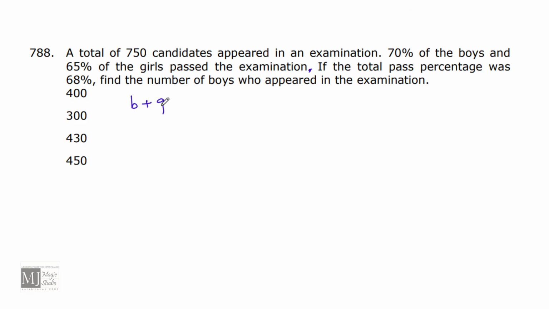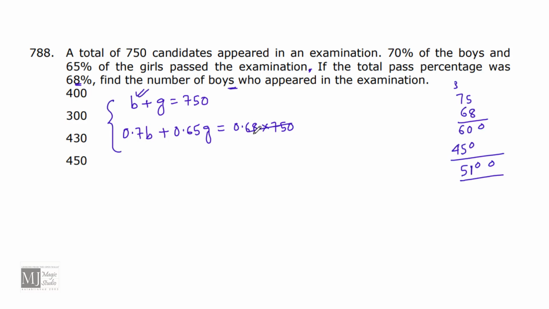B plus G is 750 and 70% of boys means 0.7 B plus 65% of girls 0.65 G is equal to, the total pass percentage was 68%, that is 0.68 into 750. So 0.68 into 750 is 510. I need the value of B, find the number of boys who appeared in the examination.